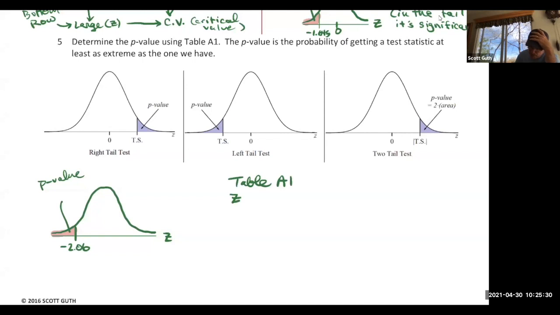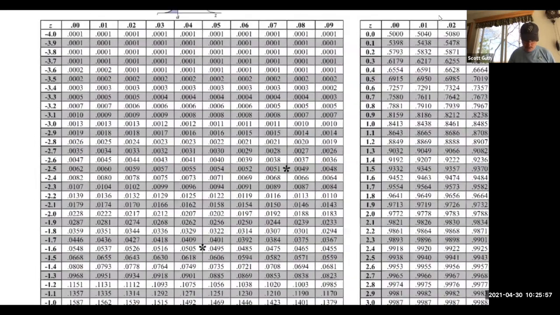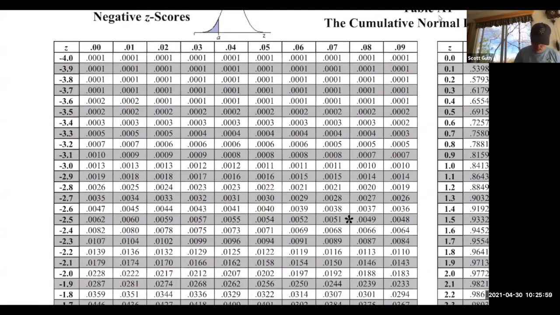So you'll have to think back a little. For our z-score, we want to go back to -2.0 and out to 0.06, like that. Okay, so look it up on table A1. On the negative side, let me see if I can find that table. Here. So -2.0 is here. 0, 1, 2, 3, 4, 5, 6, I think is that one.